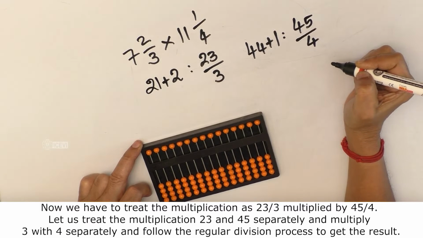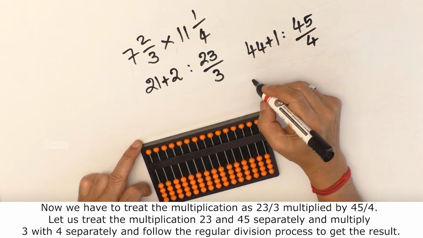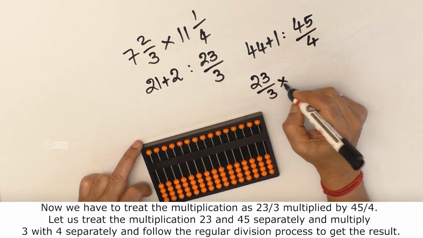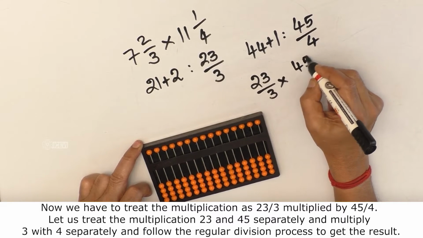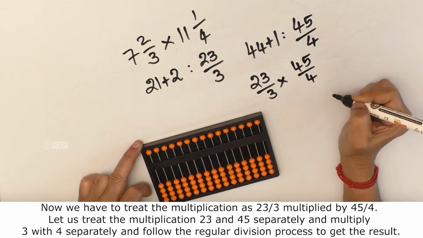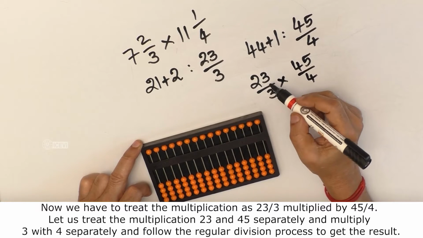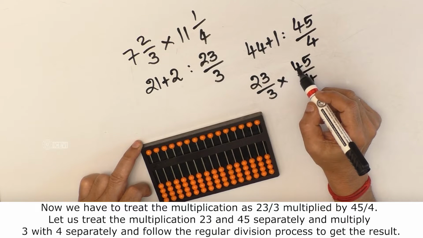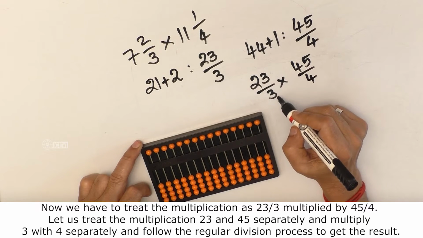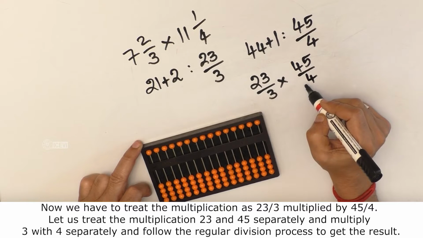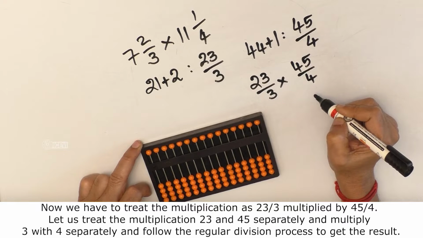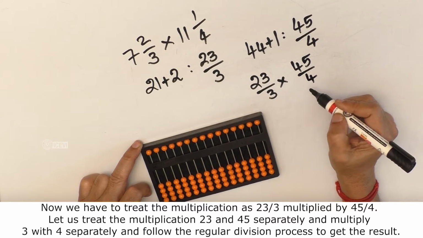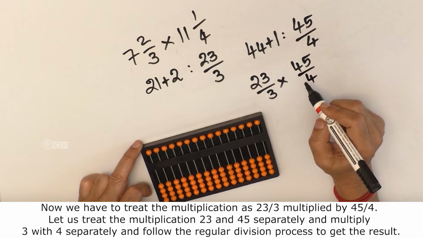Now we have to treat the multiplication as 23 by 3 multiplied by 45 by 4. Let us multiply 23 and 45 separately and multiply 3 with 4 separately and follow the regular division process to get the result.